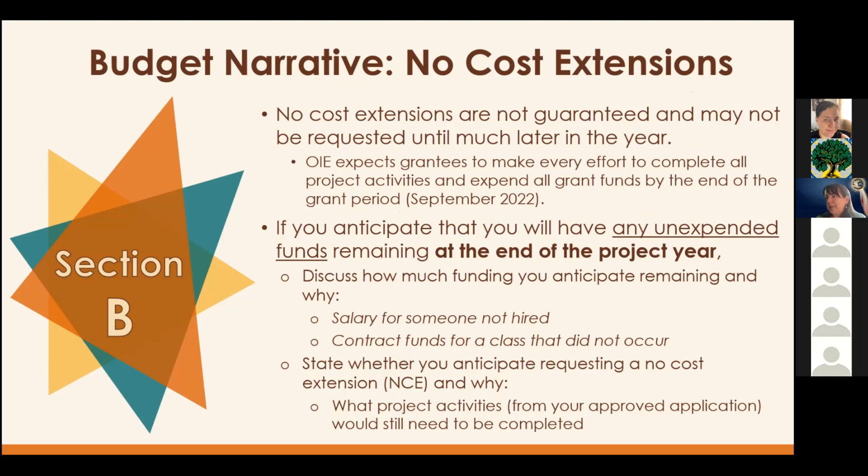So if you anticipate any unexpected funds by the end of this project year, by the end of September, you want to speak to that, discuss how much funding you anticipate remaining, and why. Was it that somebody didn't get hired, or maybe project activities got delayed for some reason?